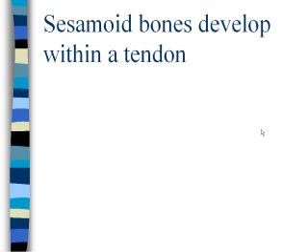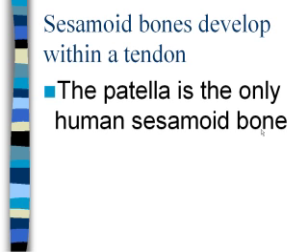So the patella is, here it says the patella is the only, it is not the only. There's one other. What is the other one? It's in your neck, right here in the front, just above your cartilage here.